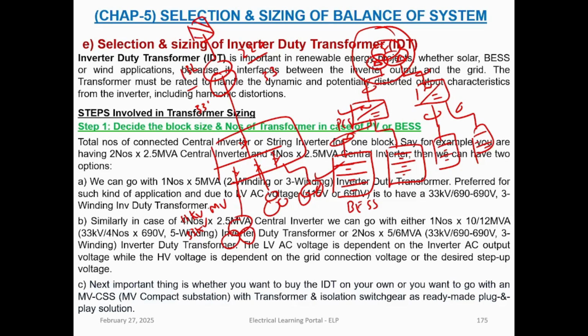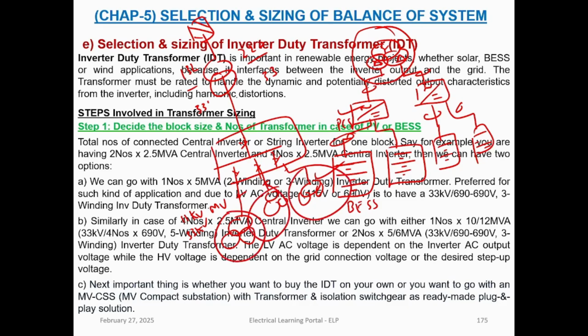So why is this chapter 5 all about? Chapter 5 is all about the balance of system. We mainly understood the cables as of now. We understood a little bit of the balance of system in our BESS container, which was the container itself, the cooling system, and the fire suppression system. So now what we are going to understand is the transformers.